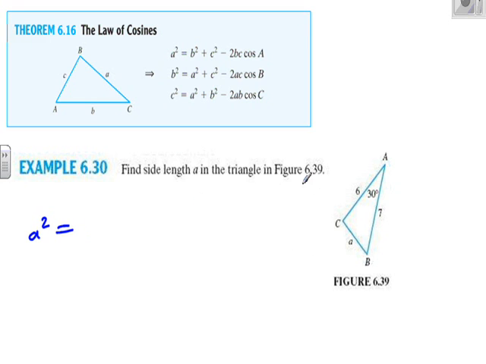So a squared equals 6 squared plus 7 squared, minus 2bc, so 2 times 6 times 7 times cosine of the angle, 30 degrees.